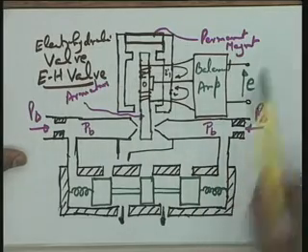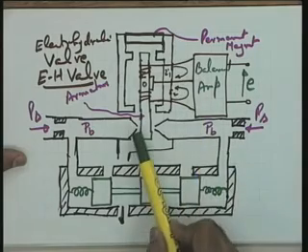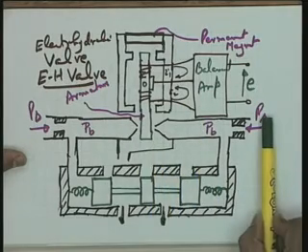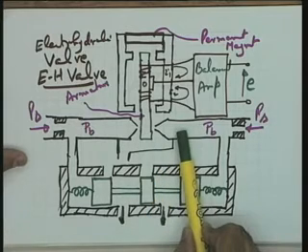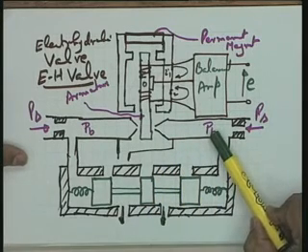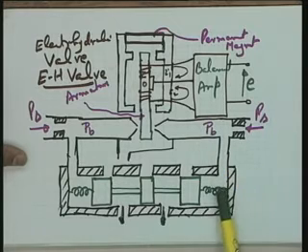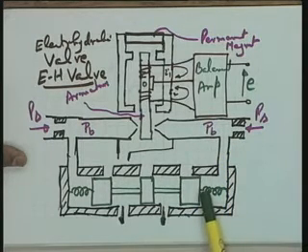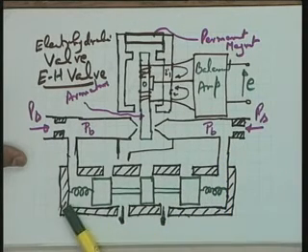So when E is positive, one current is higher than the other, and let me assume tentatively the flapper movement is towards right. If the flapper movement is towards right, what will happen? The back pressure here increases, and there is now a net pressure available across this spool, and therefore, since the back pressure here is this high, the spool moves in this direction.